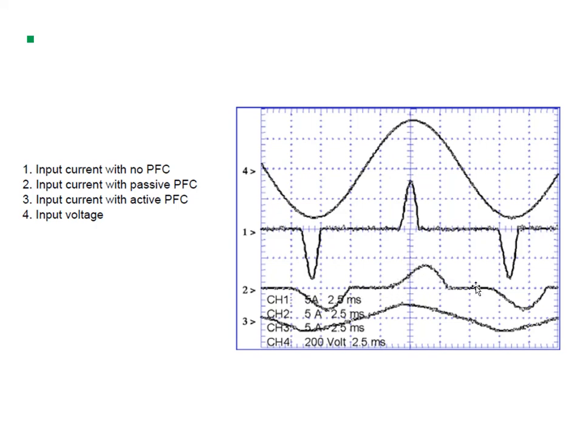Whereas with active power factor correction, we get a much better waveform, similar to the voltage. That means our power factor will be improving. So we are going to see the implementation of active power factor correction circuits.